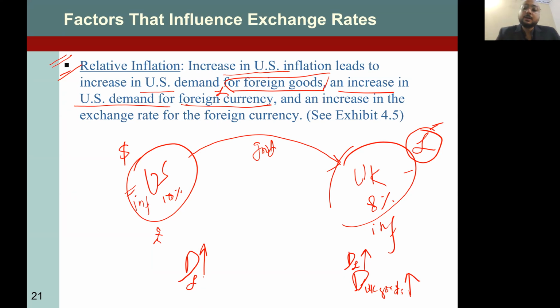All right. Since these two countries interact with one another, what is the motive here? For those exporting to the US, because in the UK inflation is down, people find it more expensive to buy US goods. Will the seller exporting here in the UK be selling more goods to the US?